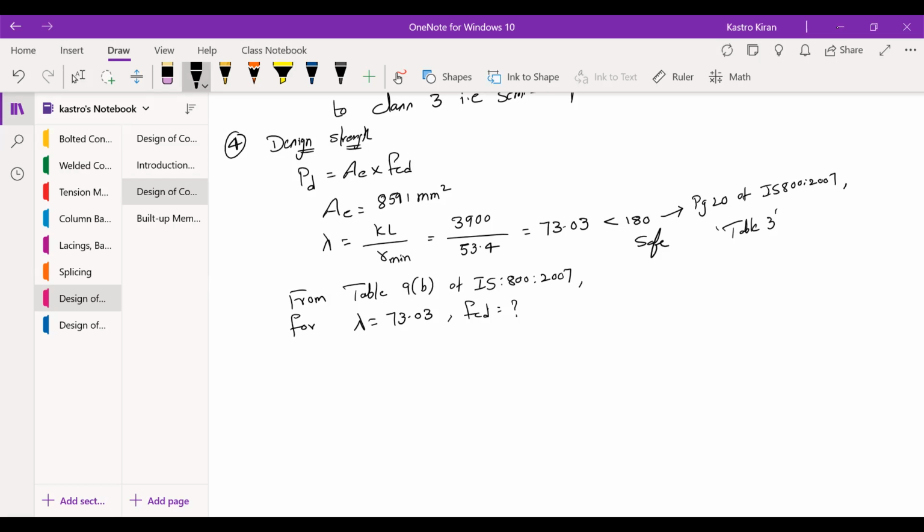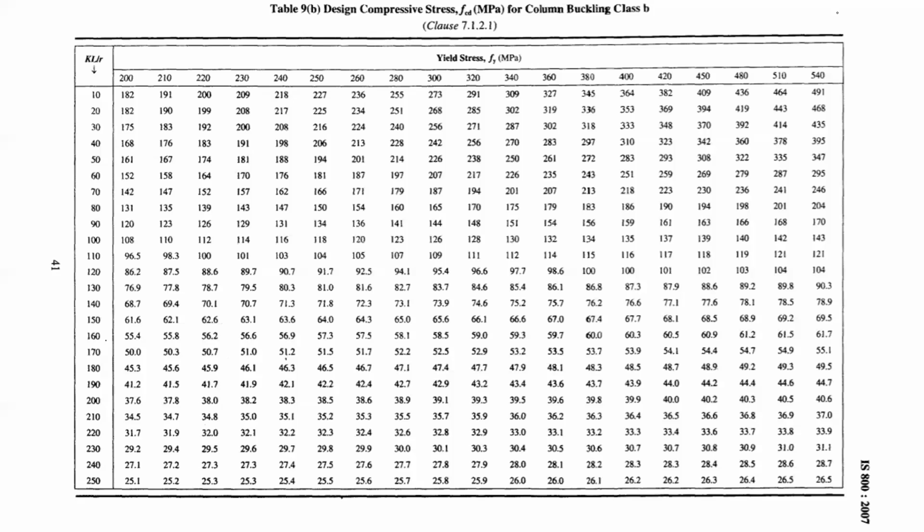So let's look at this table and find out the FCD value. Remember, the lambda value is 73.03. So this is table 9B, which is on page number 41 of IS 800-2007, which talks about the design compressive strength, especially for buckling class B.